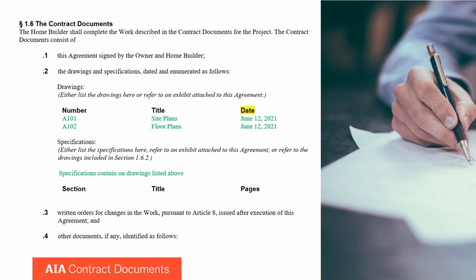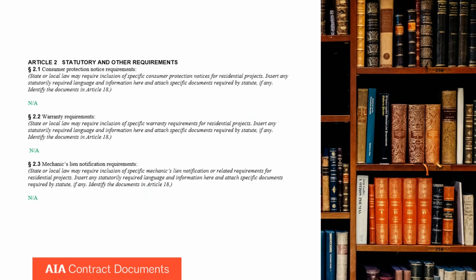When we move into article 2, we talk about the statutory and other requirements. And so this is why we use that example of having the builder on one side of the border and the project on the other. Some states or jurisdictions have specific consumer protection notice requirements that you must give to anyone when you're doing a house, or there may be other warranty requirements.